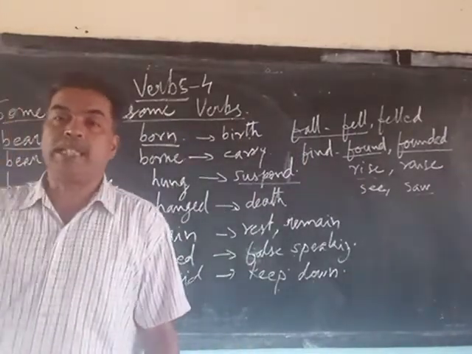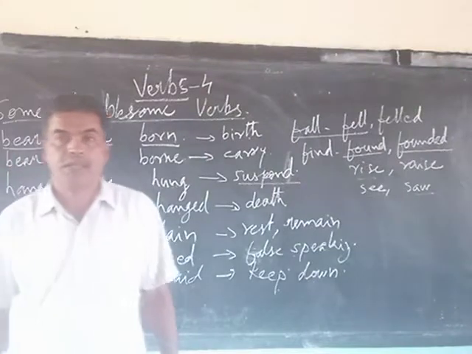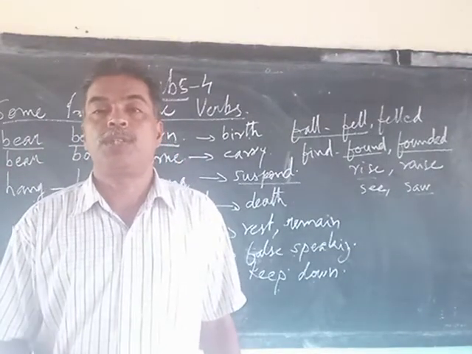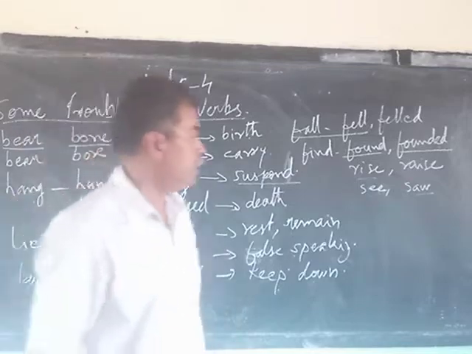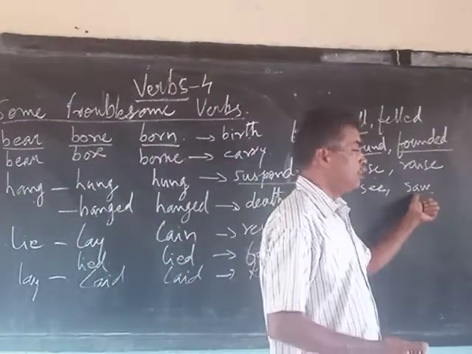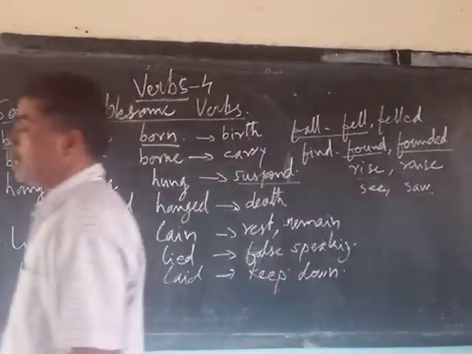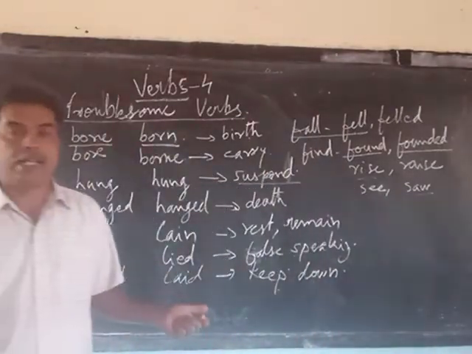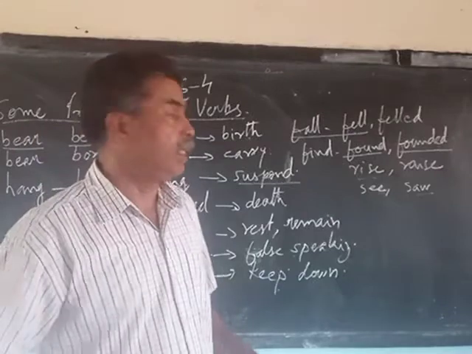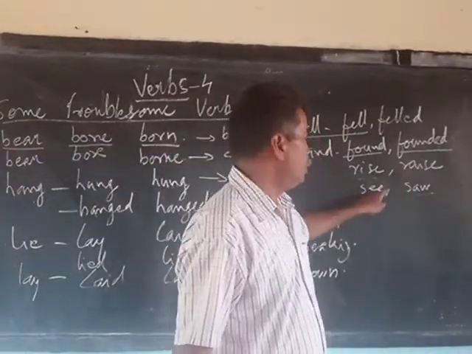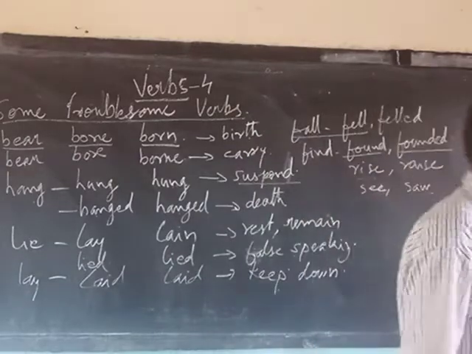Like spreading the seeds for cultivation. What you sow, you shall reap. That's a proverb in English. So spreading the seeds, like paddy, wheat and all that, when it's time for cultivation, the farmers make the land ready and they spread like that. That is sow. Okay, so this is sowed.